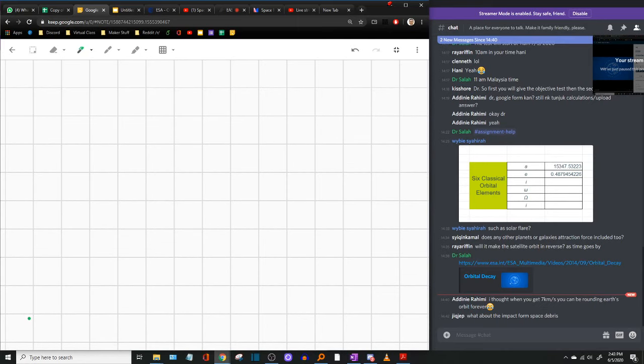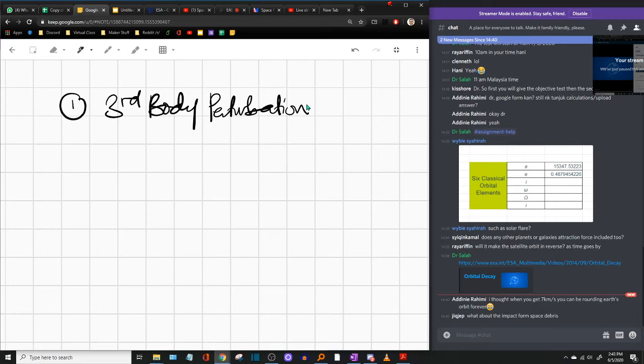Let's start with what I promised you just now. I want to show you the actual amount of the third body perturbation. If it really disturbs or perturbs our orbit, how much does it perturb?